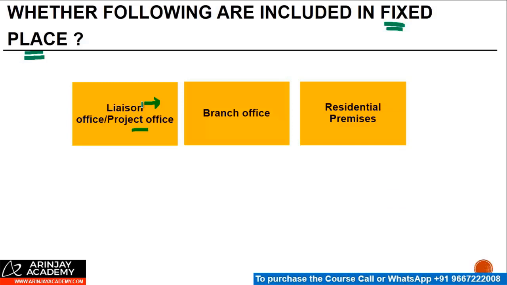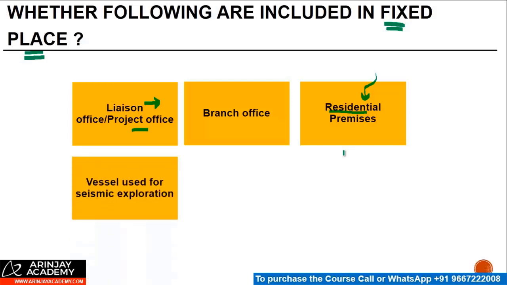Residential premises, definitely it's a fixed place, but whether a PE or not, given that it is residential, the nature for which a property can be used does not make a difference to whether it constitutes a PE or not. If a property is being used for the purpose of business, it doesn't matter whether it's a residential one or a commercial one. Vessel used for seismic exploration, yes.